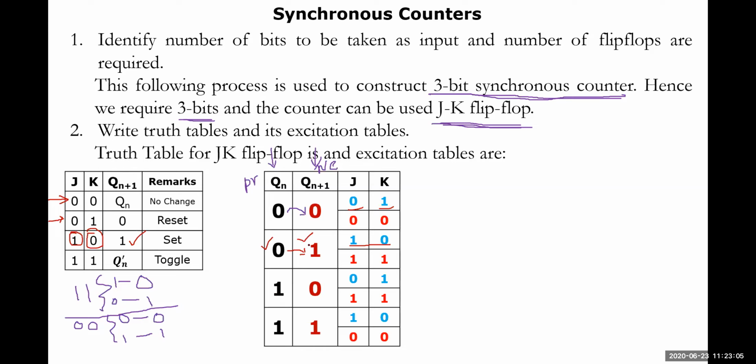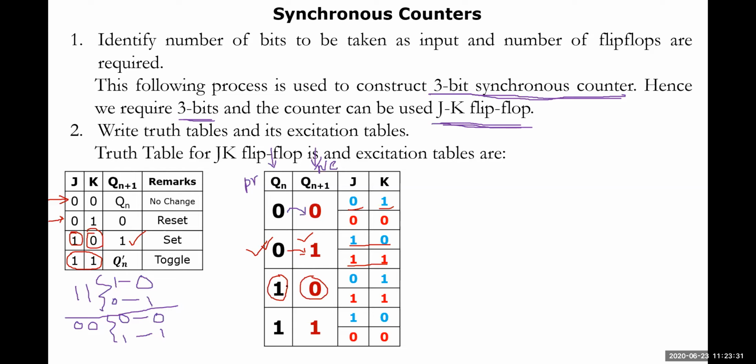If you want such a case, J will be equal to 1 and K will be equal to 1. With this case also, you could produce the same kind of next stage output. So previous output is 0 and the next output will be 1 here.